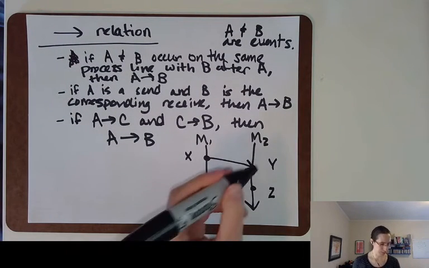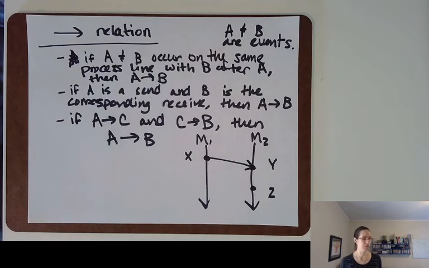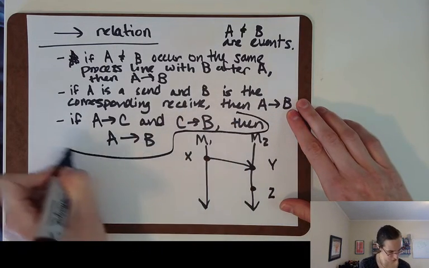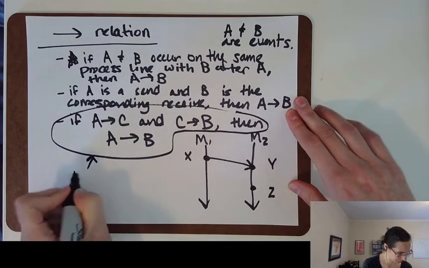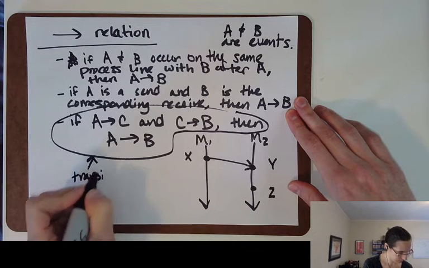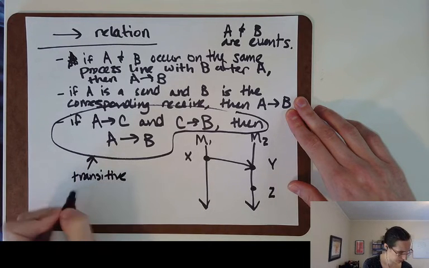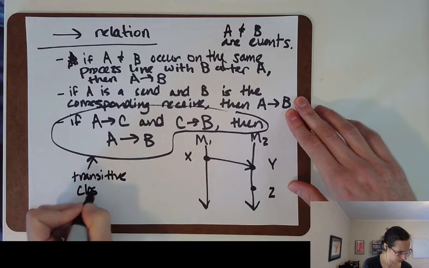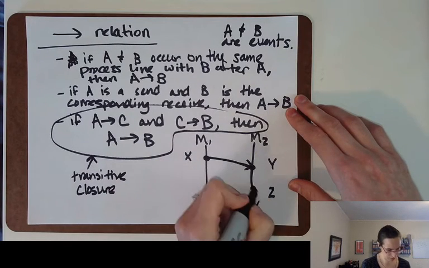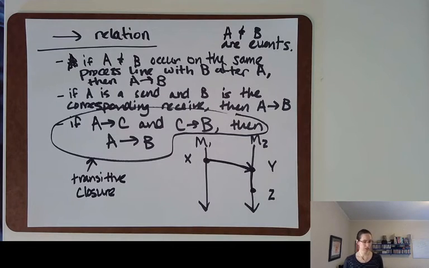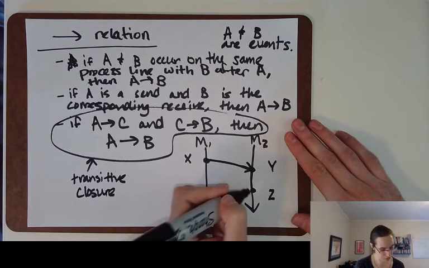We know that Y happened before Z because that's the first part of the definition. And then the third part of the definition, this transitive closure piece, allows us to sort of glue together those first two parts of the definition to conclude that X happens before Z. And then this keeps going, right? So we could have more events here.